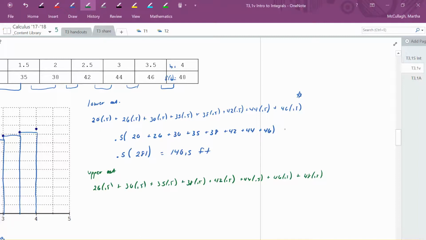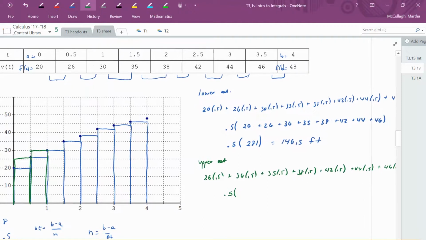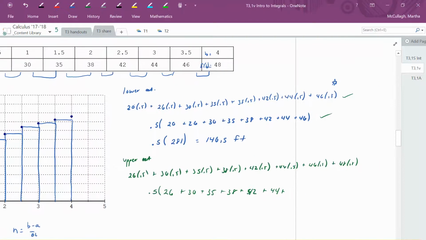If we like this line better than this line, we could have gone to that immediately. I know the width of each rectangle is 0.5, and the height of the first rectangle is 26, the second is 30, the third is 35, the fourth is 38, the fifth is 42, the sixth is 44, and then 46, and then 48.